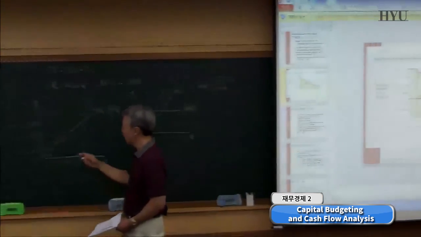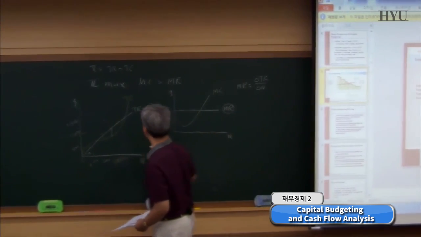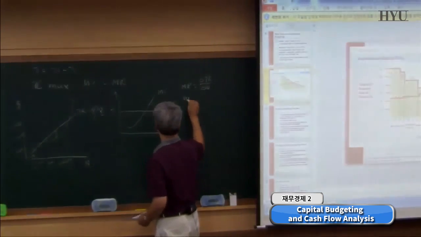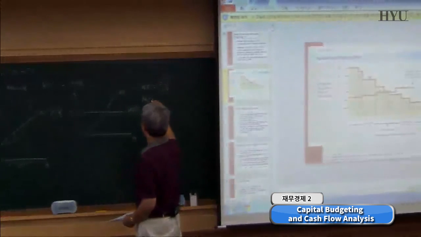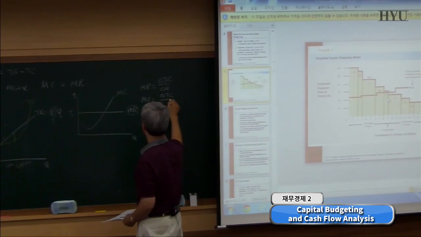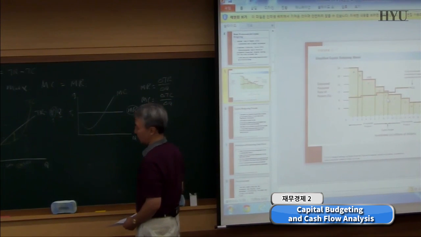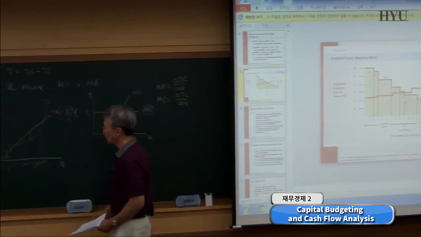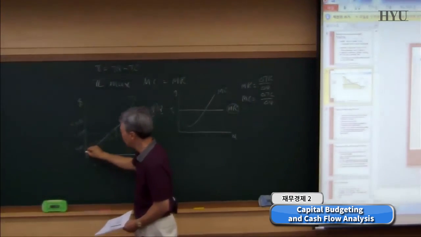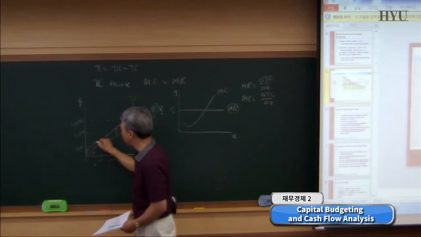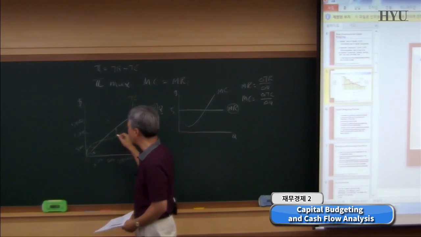And marginal cost, of course, is change in total cost over change in output, right? So we're talking about the slope of this total cost curve, right?